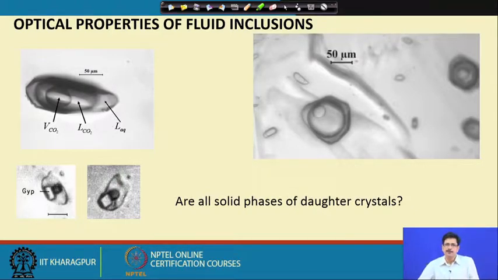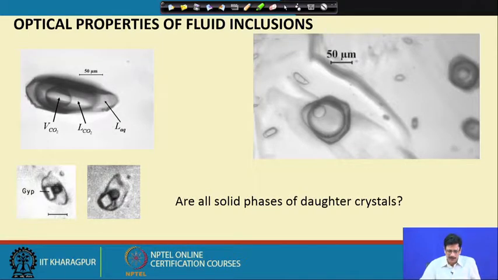Polyphase inclusions bearing daughter minerals happen in almost all cases in aqueous inclusions, for the simple reason that when there is an appreciable amount of non-electrolyte dissolved in water, the solubility of the salts decreases, which we will see in greater detail when we look at the phase diagrams.